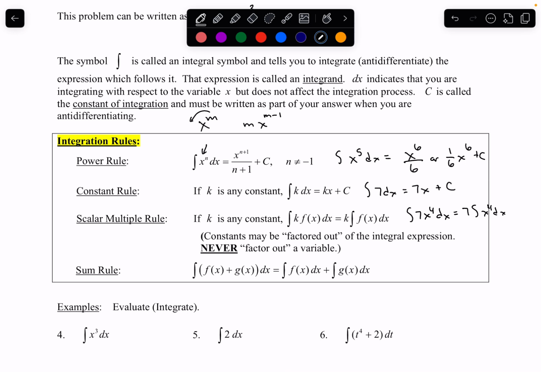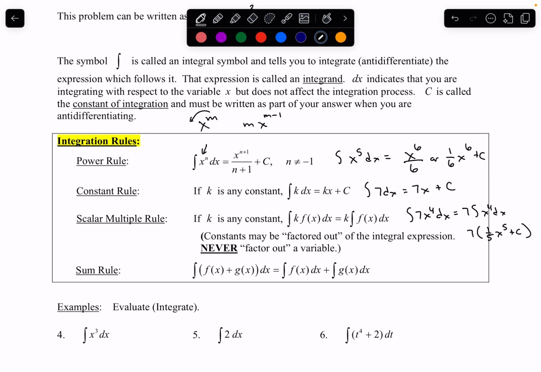And then when I integrate, I've got the 7 out in front getting multiplied. So I would have 1/5 x to the 5th plus c getting multiplied by that 7. Okay, so you can move those constants out in front and then multiply them at the end, just like we would when we were taking derivatives.